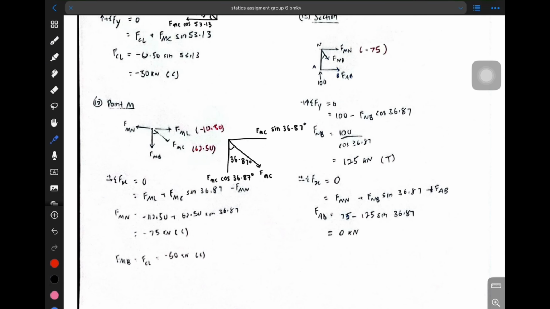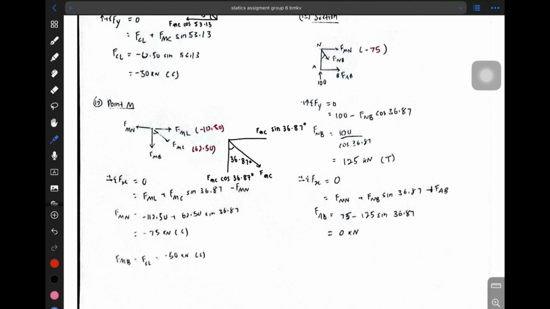At the point M, we can find the Fx equal to 0. So we assume to the right is positive. For this rigid body, we can see that FML is negative 112.50, and we have FMC sin 36.87, and this is to the right, so it is positive, and we have FMN and it is to the left, so it is negative.